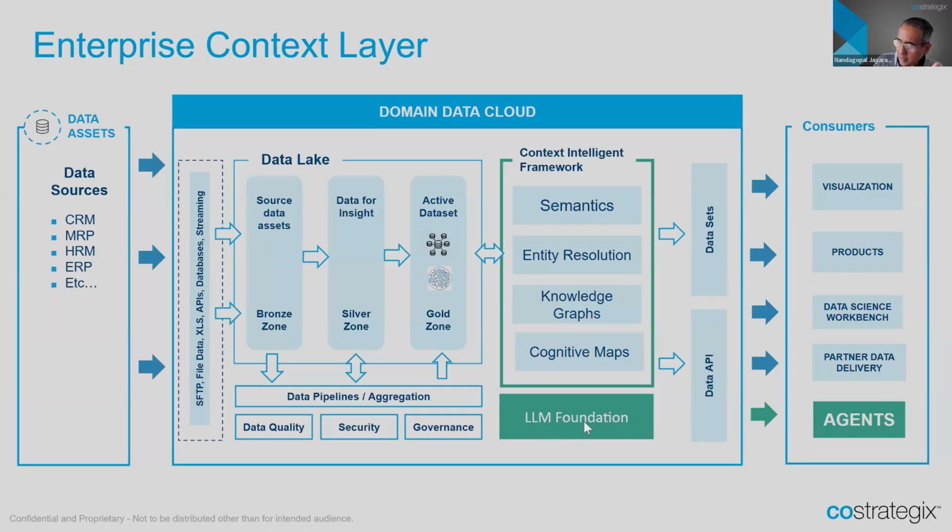It does need a Frontier LLM foundation, or an SLM, a small language model, depending on your use case. That also gives you some options for optimizing your costs and so on. Those four factors all bring that context together and work in tandem with your data lake architecture from an enterprise standpoint.